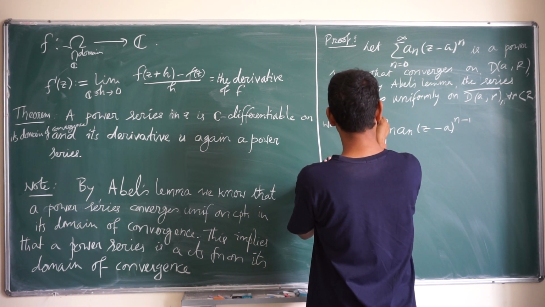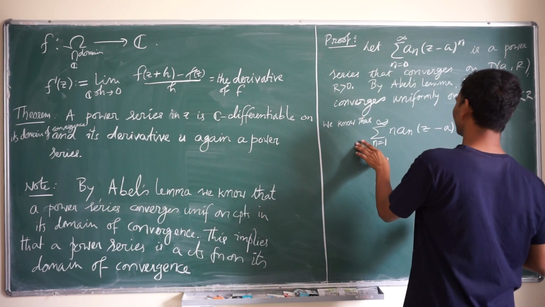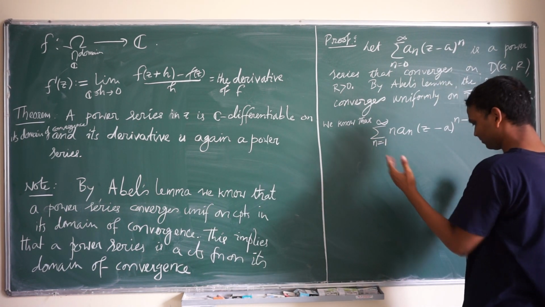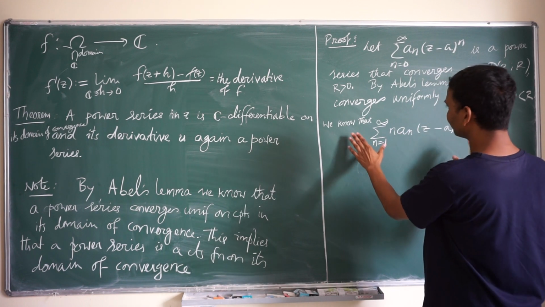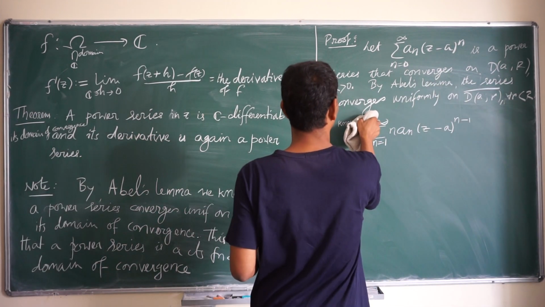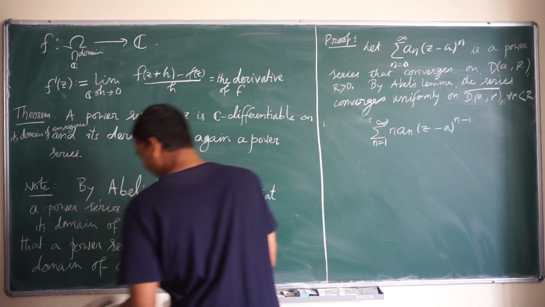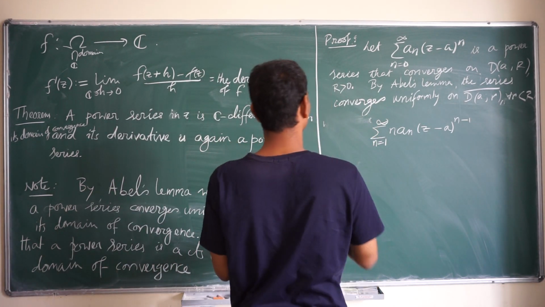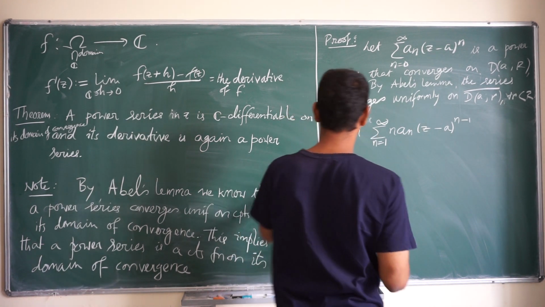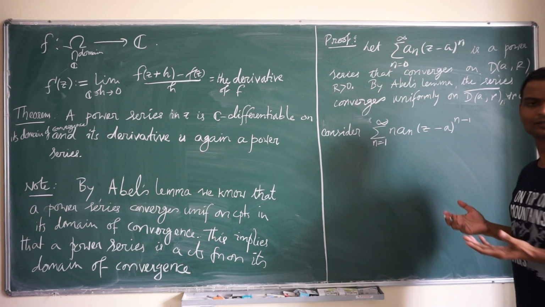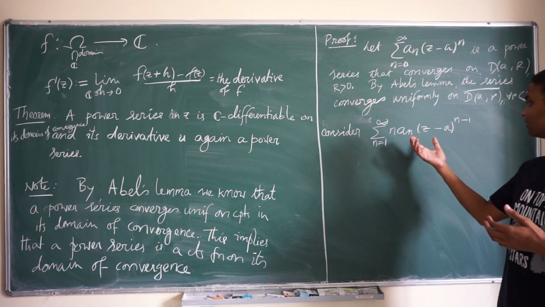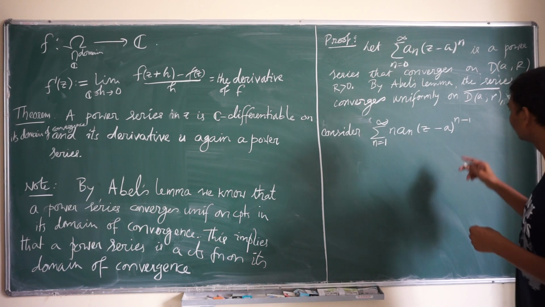We don't know yet, but we will know it. So consider this. The question is, does it give a function? We need to look at the radius of convergence here.